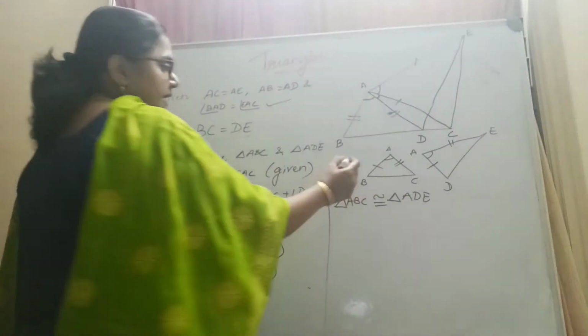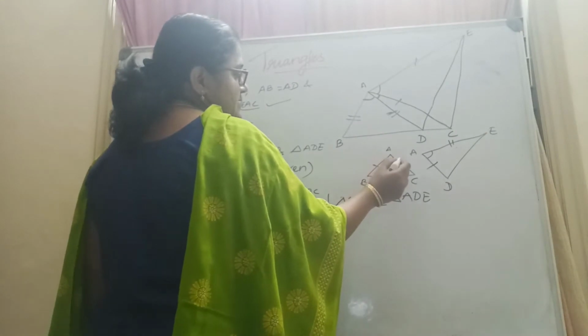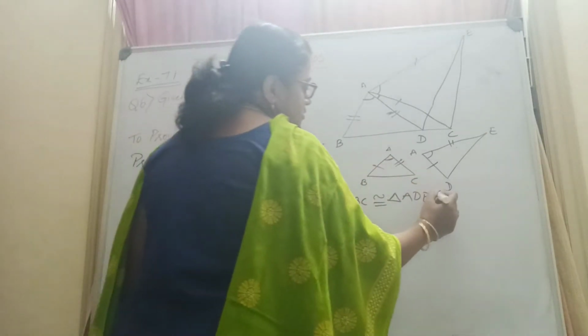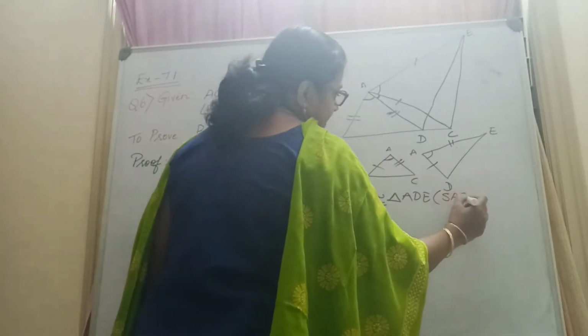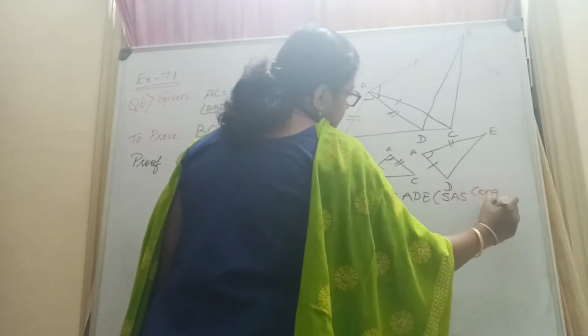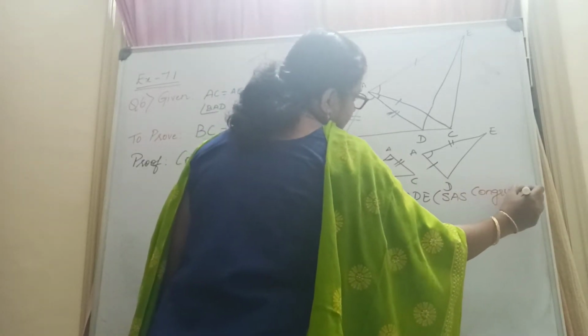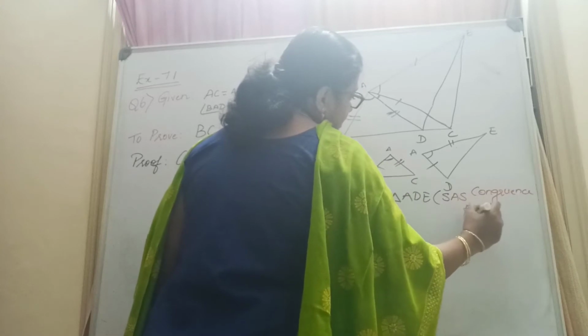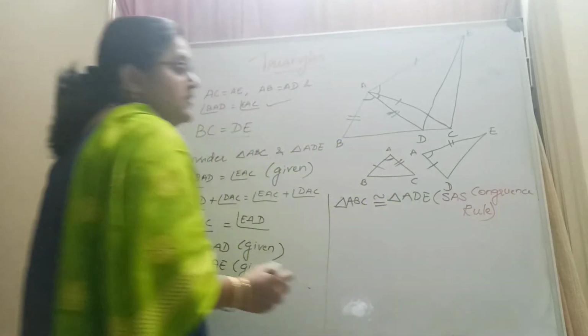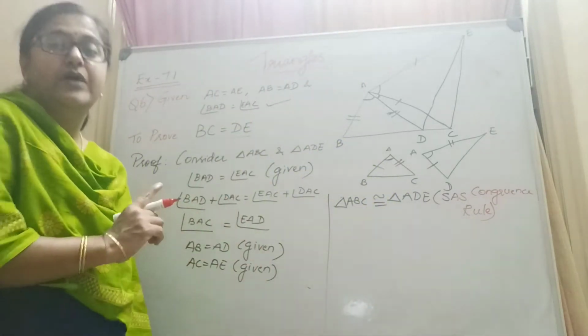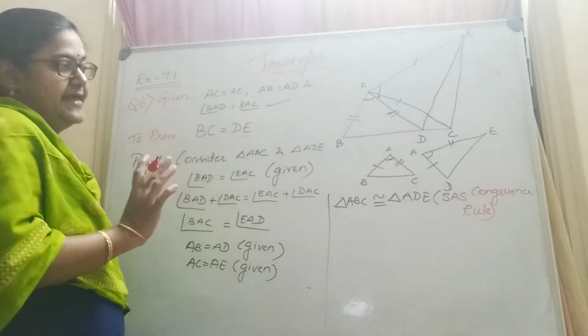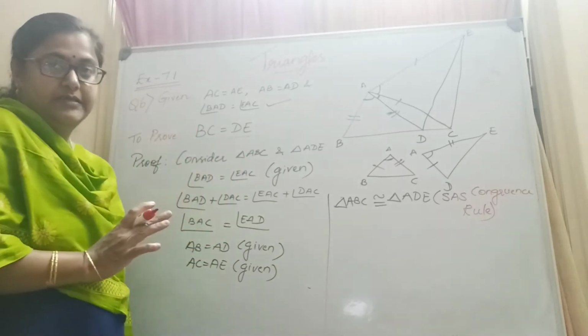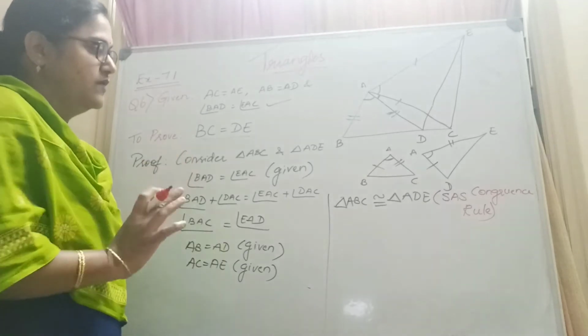Side, angle, side. SAS congruence rule. It is not enough if you prove it is congruent. You have to write by which congruence rule you have proved it. So, SAS congruence rule is used in this solution.